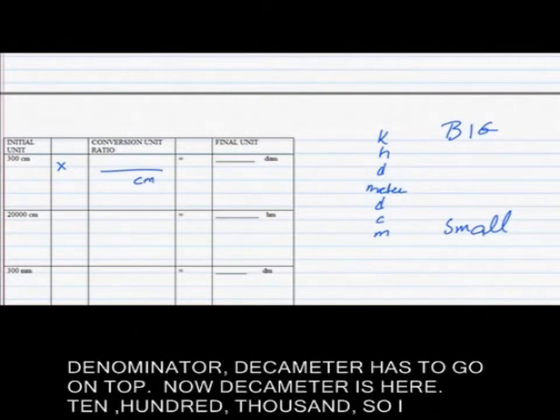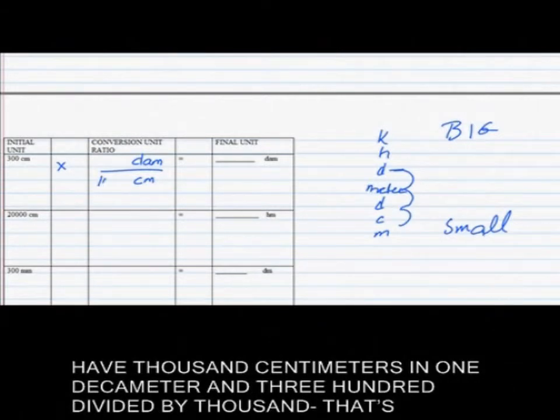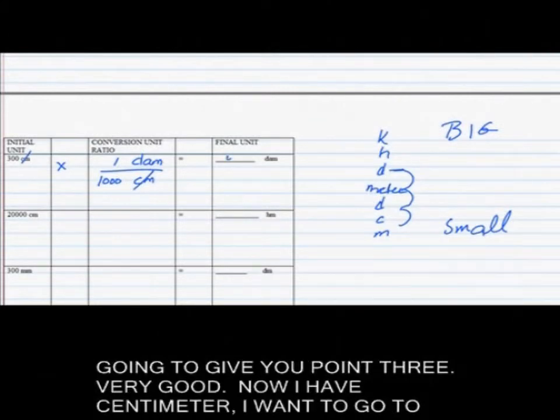Centimeter has to go in the denominator, decameter has to go on top. Decameter is here, 10, 100, 1,000. So I have 1,000 centimeters in 1 decameter, and 300 divided by 1,000 is going to give you 0.3.